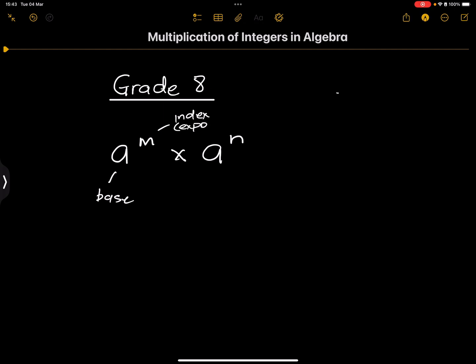So if our bases are the same and we are multiplying, we are going to add the exponents. Okay, so we need to remember that.